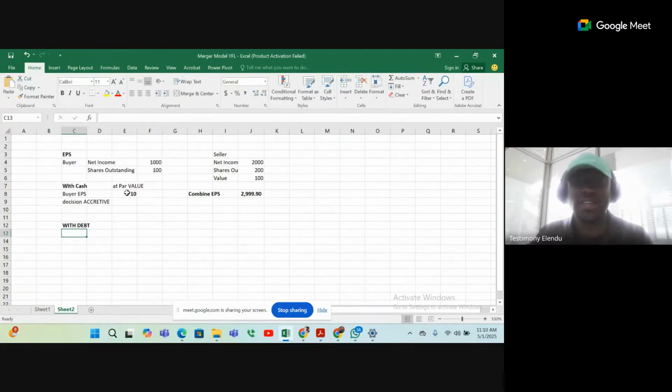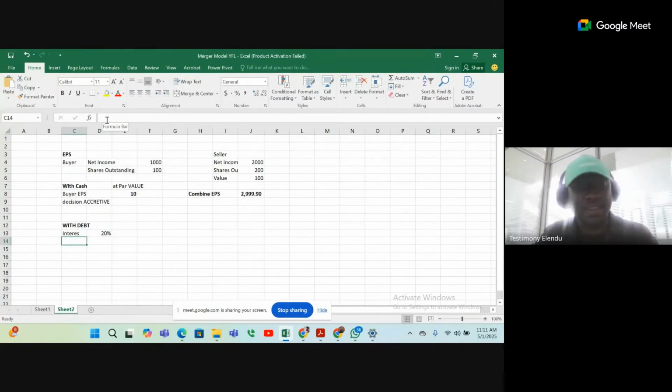So let's assume that the interest we paid for debt is, say, 20%. Let's assume that the interest is 20%.